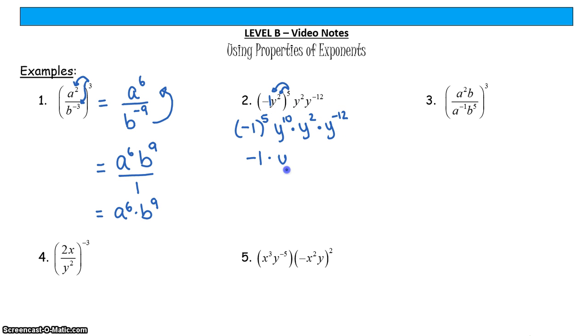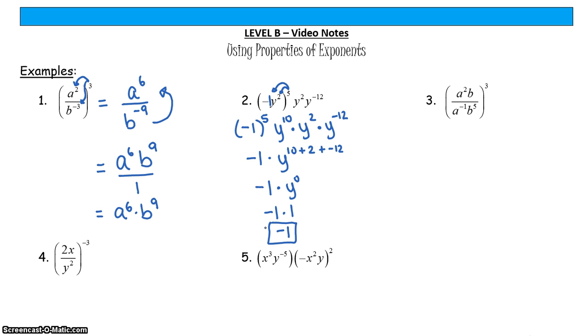So we have y to the 10 plus 2 plus negative 12 power, which ends up being negative 1 times y to the 0 power. Now remember that anything to the 0 power is just 1, so we end up with negative 1 times 1, which is negative 1. That's our final answer.